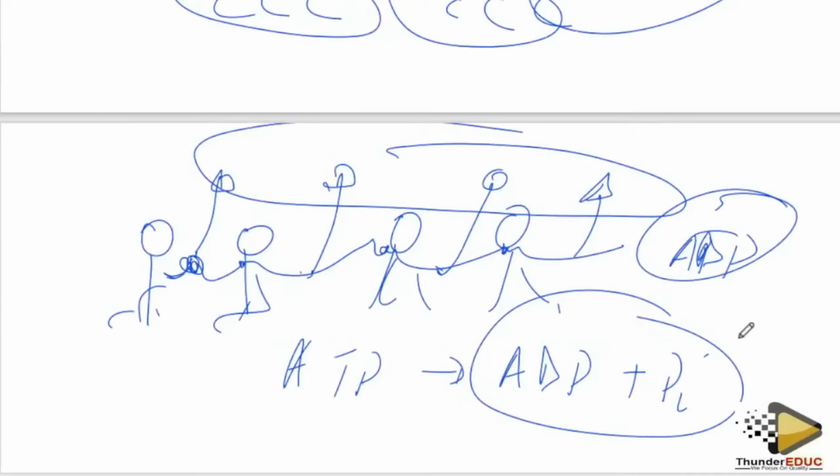So I was saying that this is ADP, adenosine diphosphate, and then a phosphate. Di means two, so it has two phosphates. Adenosine, adenine, I think you know adenine, with two phosphates, plus this phosphate to form triphosphate. Hence you form ATP.